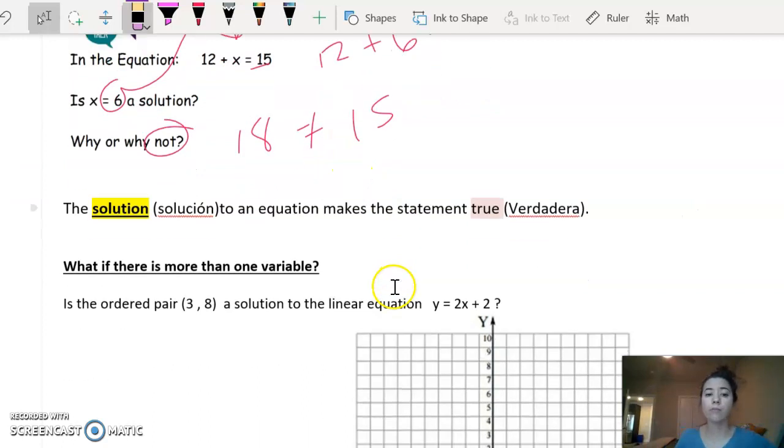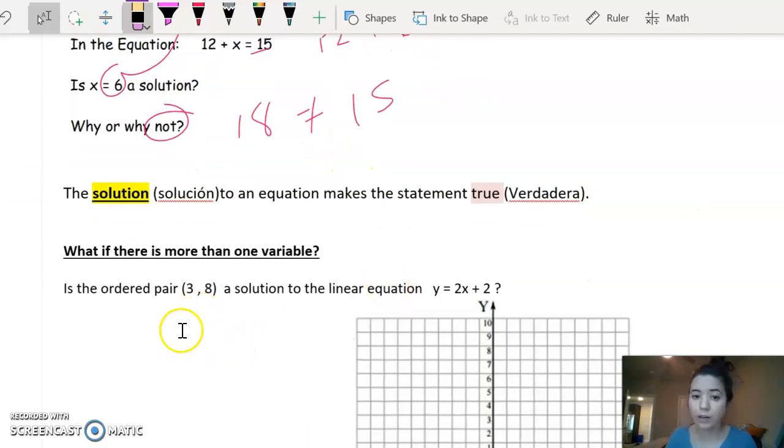Now, what if we have more than one variable? I want to know, is this ordered pair, this point, a solution to my line? Here we have a linear equation, which means if we graphed it, it would make a line.